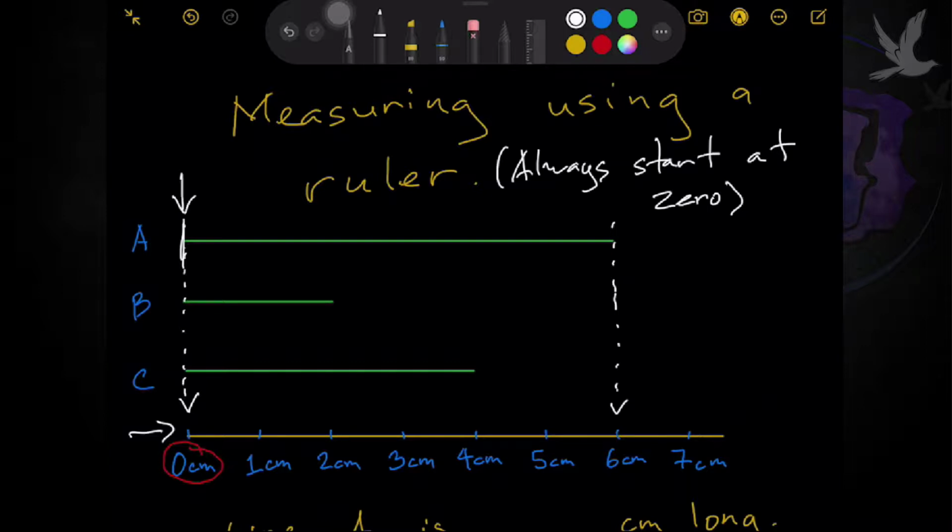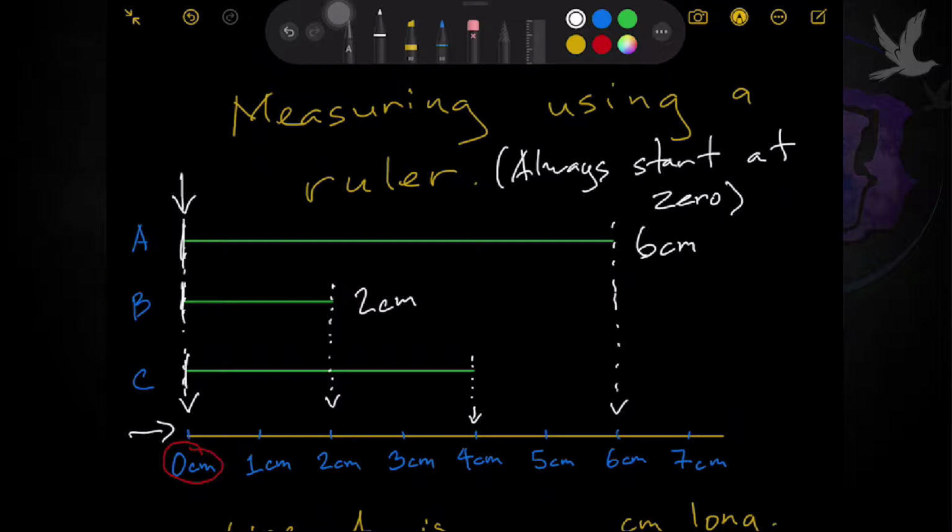So ibig sabihin, we can now say that line A is equivalent to 6 centimeters. While for line B, it's 2 centimeters. Okay, that's its actual measurement kasi nga it started at 0. For line C, again, it starts at 0 as well and ends at 4 centimeters.